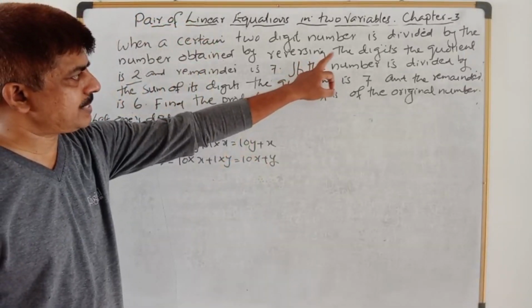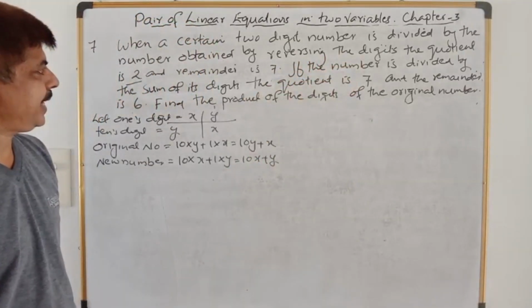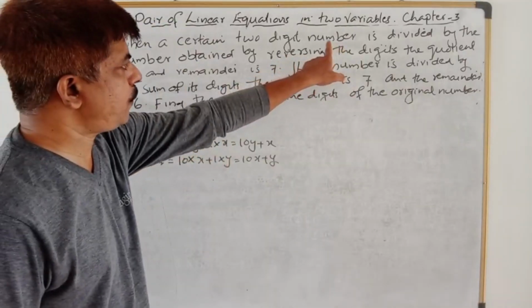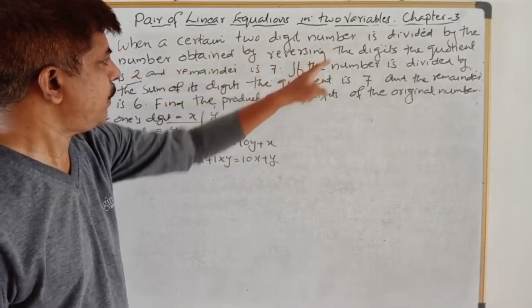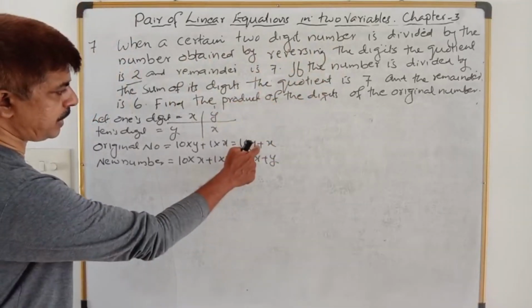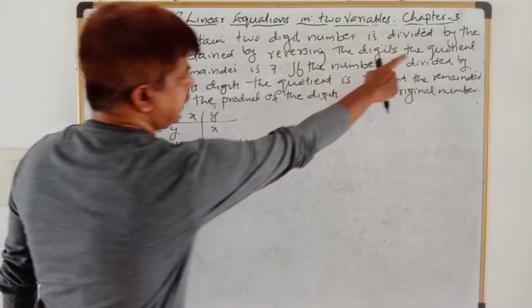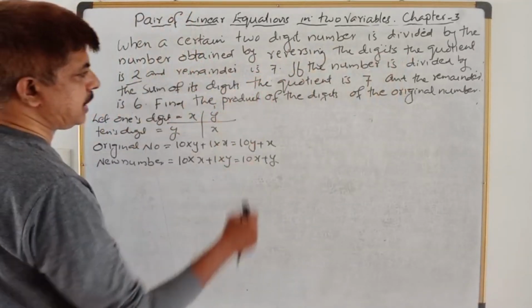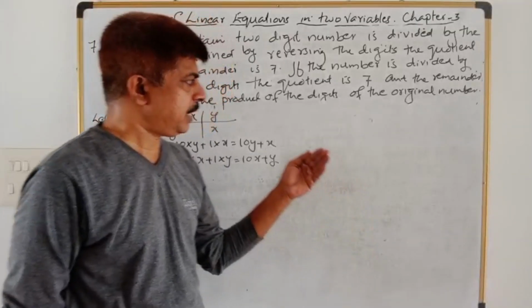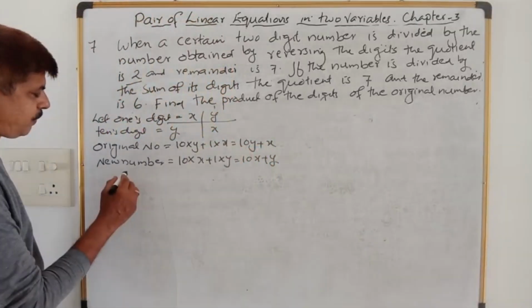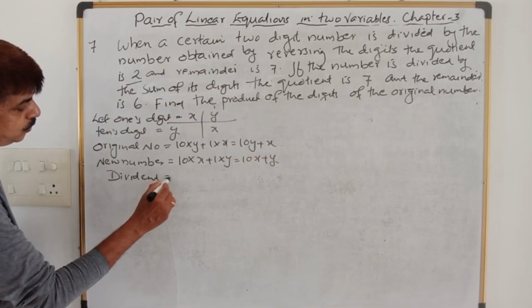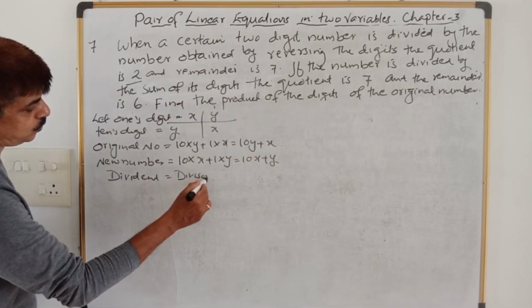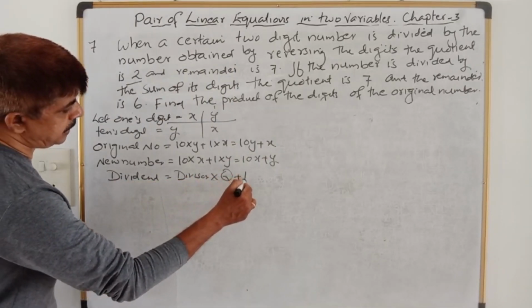Now according to the question, we have to form the two equations. How will the equation be formed? The number is divided by the new number, reversing the digits, means this number divided by this number. We are getting quotient 2 and the remainder is 7. So we know one property we studied in our class: dividend is equal to divisor into quotient plus remainder.